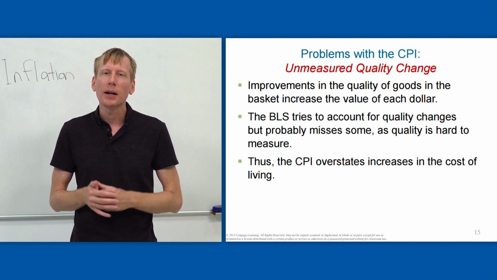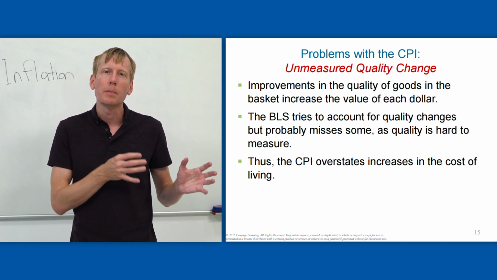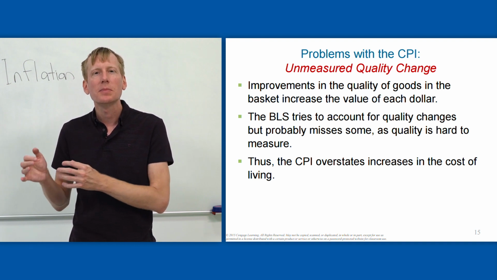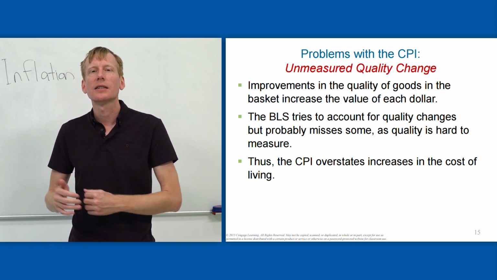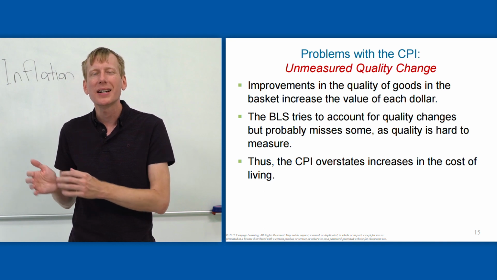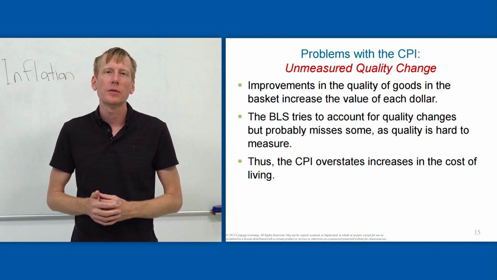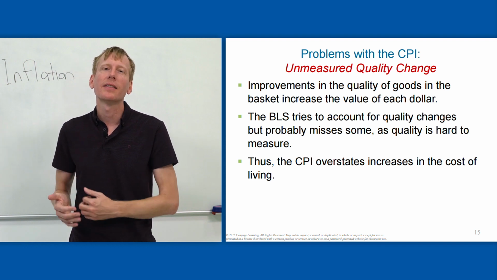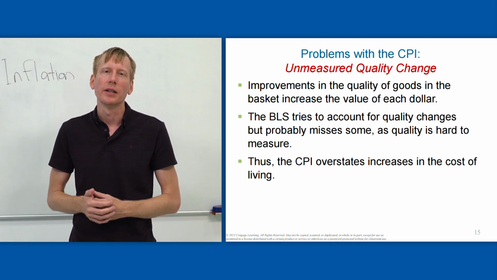So all we can say by looking at the change in the cost of the basket is that there's been an increase in the cost of smartphone. If the reason that the smartphone is increased in price going forward into the future is an improvement in quality, it's not reflecting the basket that we're actually using.